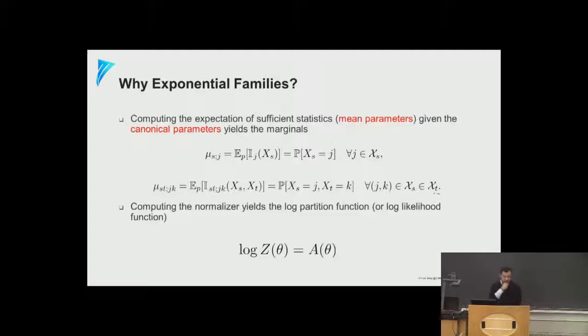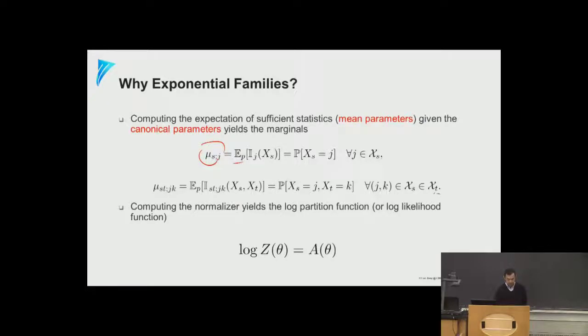So why is this very interesting? Well, there are some nice properties intrinsic to the exponential family. For example, the mean parameters can be defined as the expectation of the sufficient statistic.